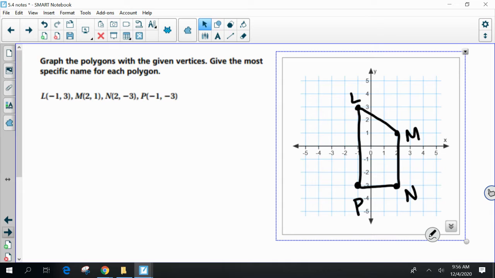Okay, what would you call this shape? Not a rectangle. A what? It's a trapezoid. It's a trapezoid because it has one set of parallel sides. Typically, you see trapezoids more like this. But this is still technically a trapezoid.